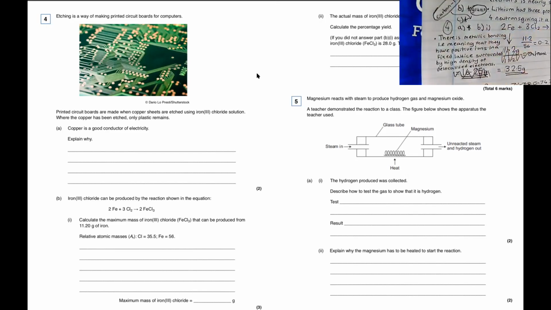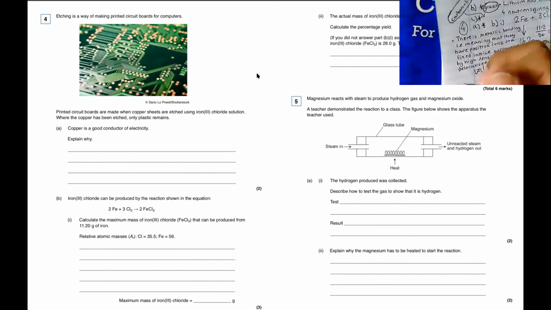And then of course you might run out of space to write this, but you might then just put that conduction of electricity depends on the presence of delocalized electrons.